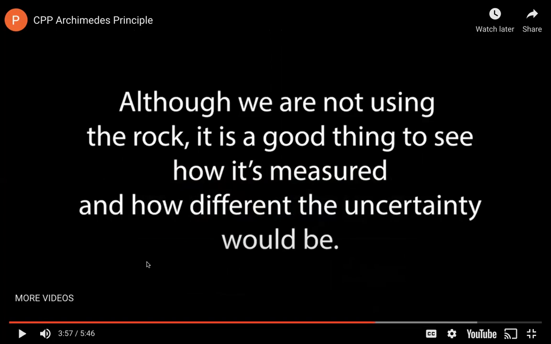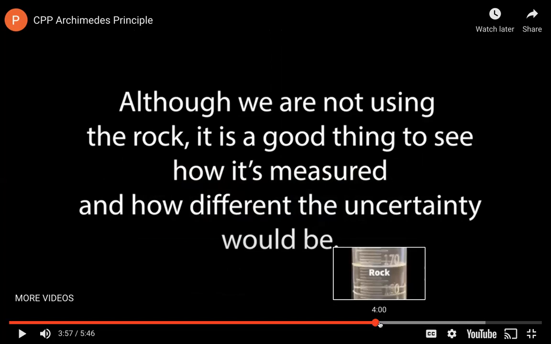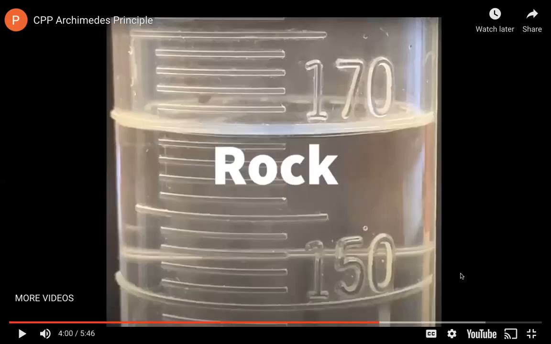Now, if you're interested, you could also do the rock. It's not a regular shape, so the volume of the rock cannot be determined by measuring the length, right? It's an irregular shape. So instead, they put the rock in water and read how much water is being displaced. I think this is a good skill to learn, how to read the volume correctly.